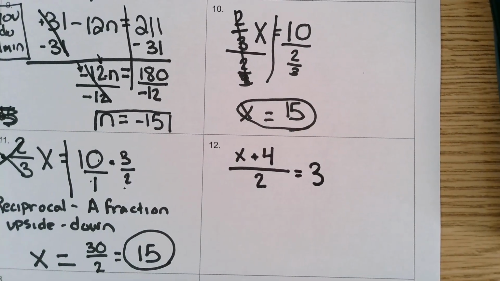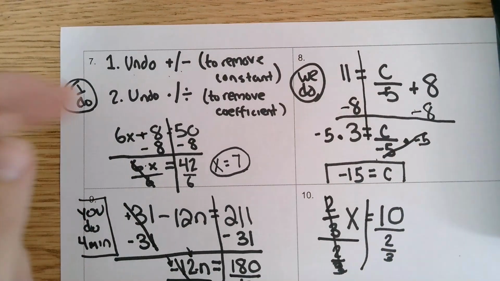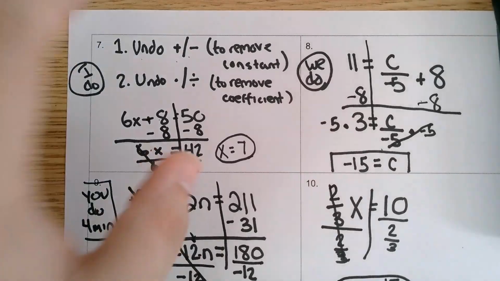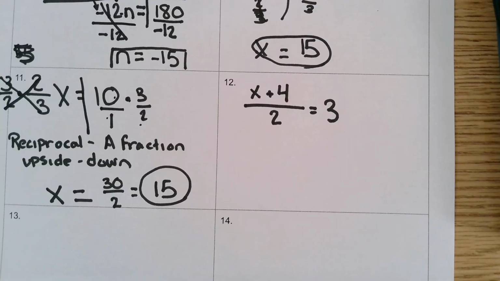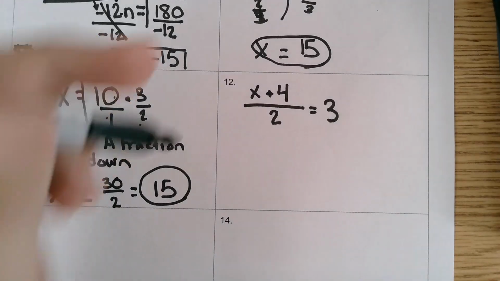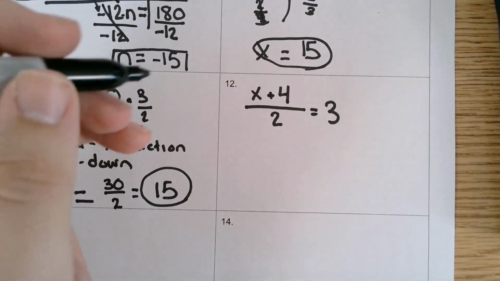One thing I talked about earlier when we first brought this up was that by solving equations, you're essentially doing PEMDAS in reverse. And remember, when we did PEMDAS, I talked about how fractions are grouping symbols.